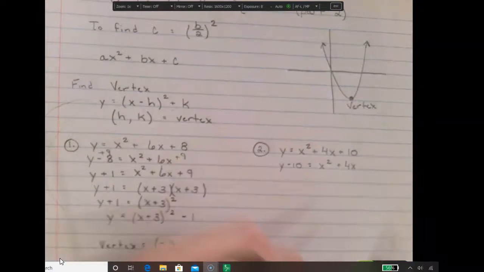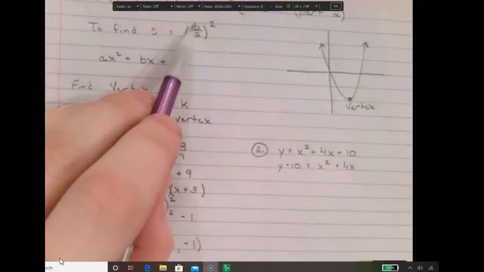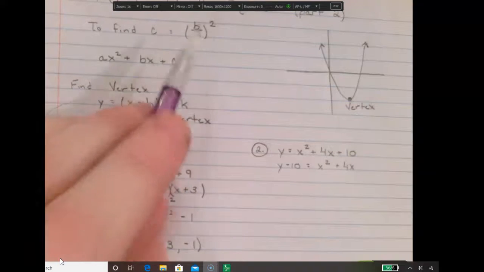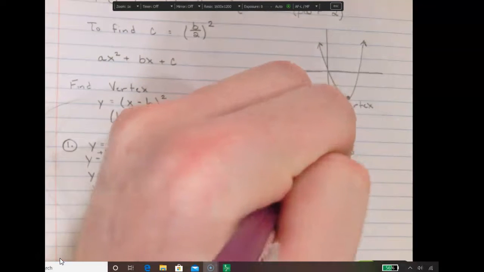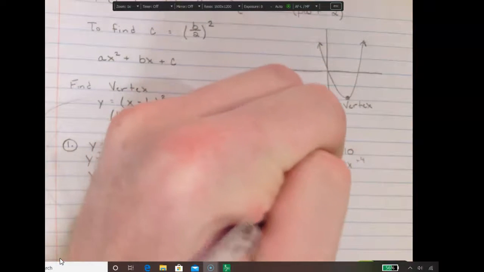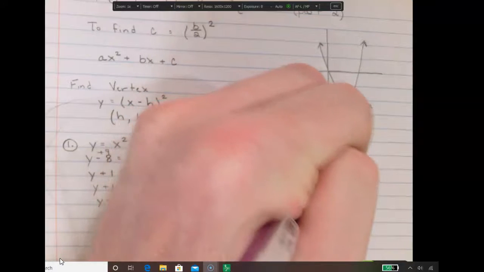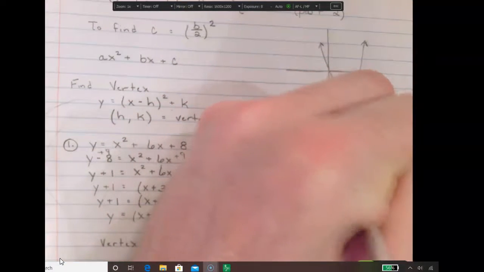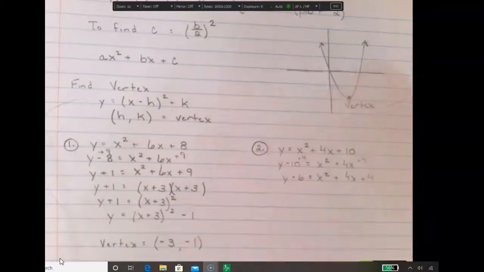So my b is 4. So 4 divided by 2 is 2. 2 squared is 4. So I need to make sure that I'm adding 4 to both sides. So y minus 6 is equal to x squared plus 4x plus 4.